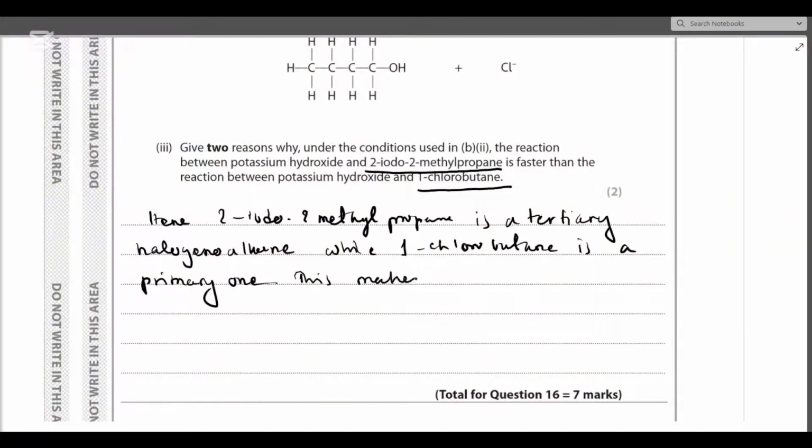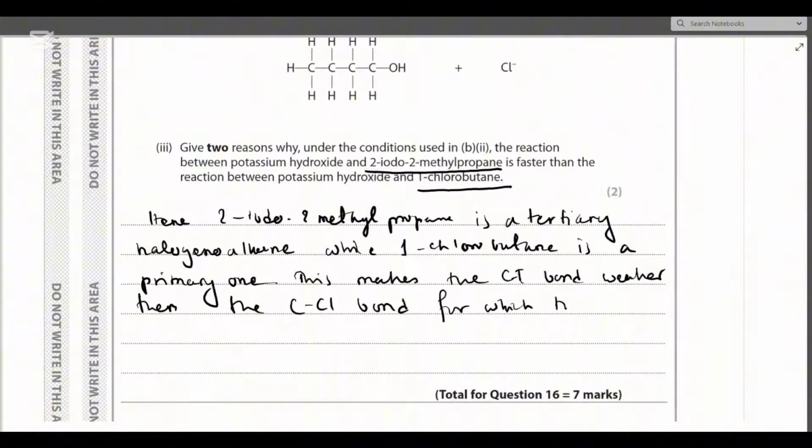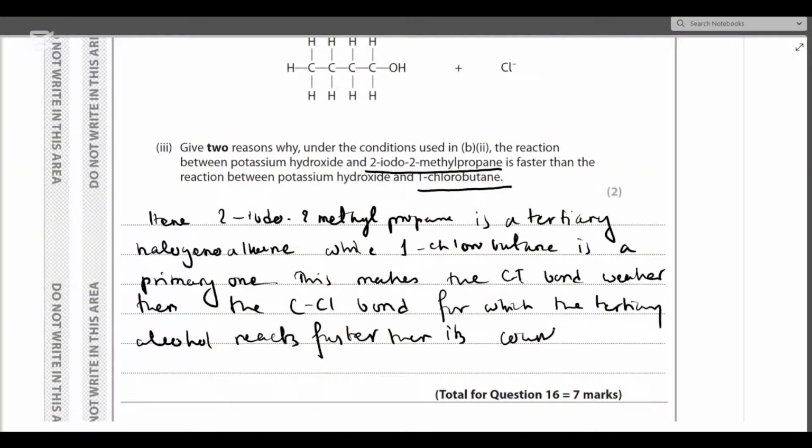This makes the C-I bond weaker than the C-Cl bond, for which the tertiary halogenoalkane reacts faster than its counterpart.